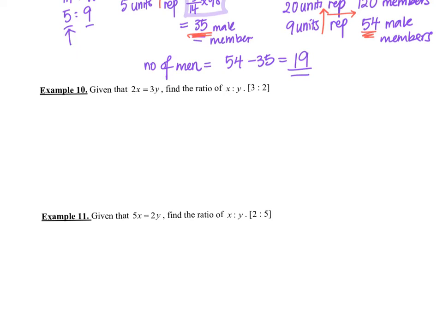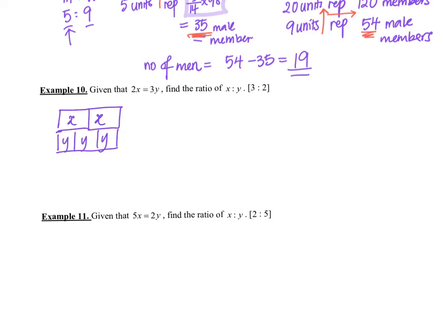Okay, now in this part of the chapter they say that 2x is equals to 3y. So actually 2 units of x is equivalent to 3 units of y. Which number, x or y, has a larger quantity, larger number of units?